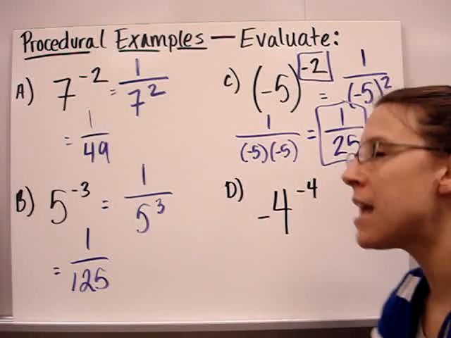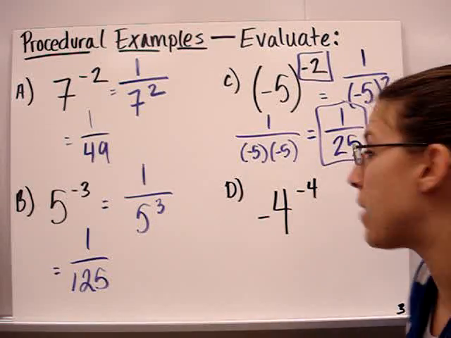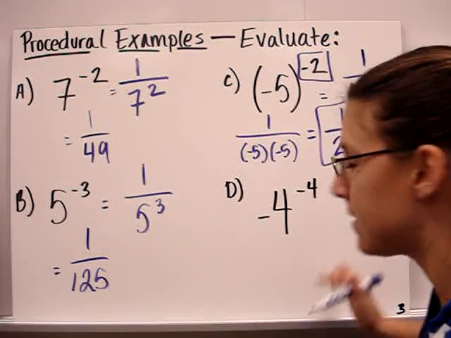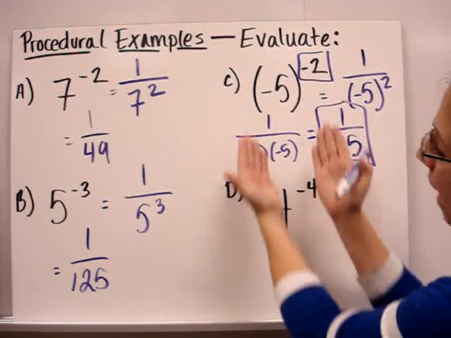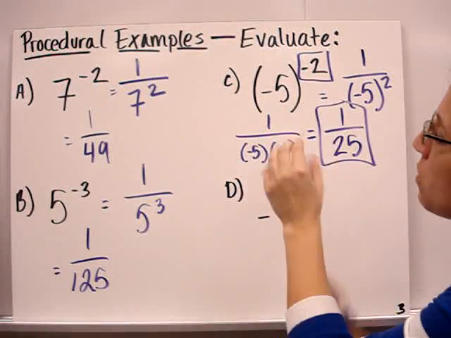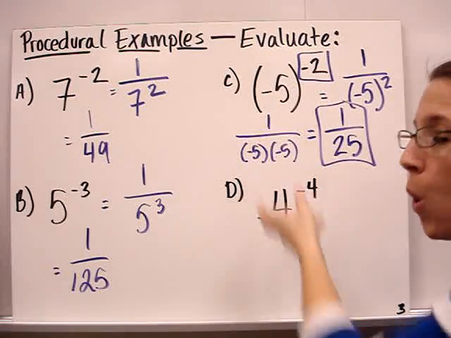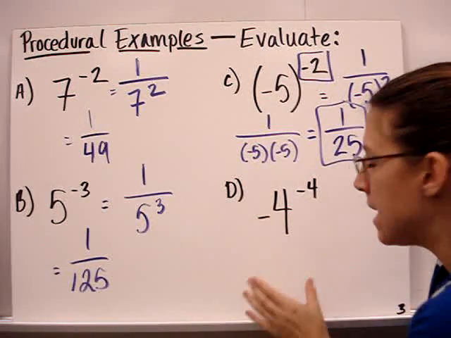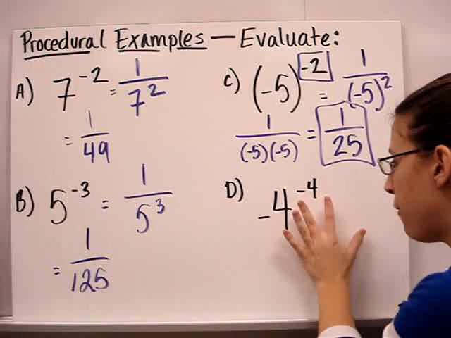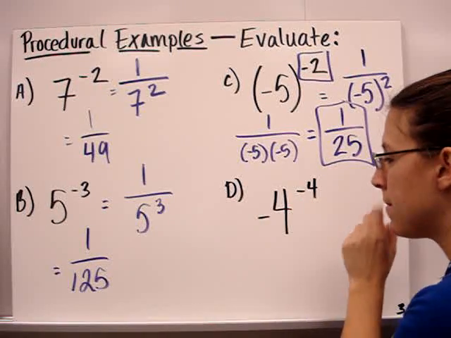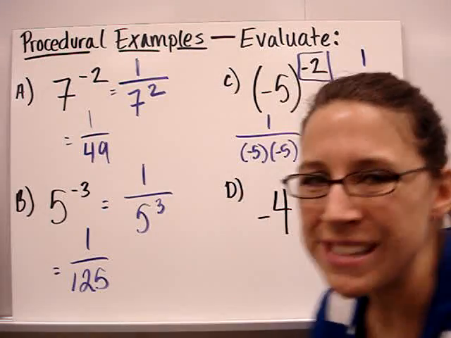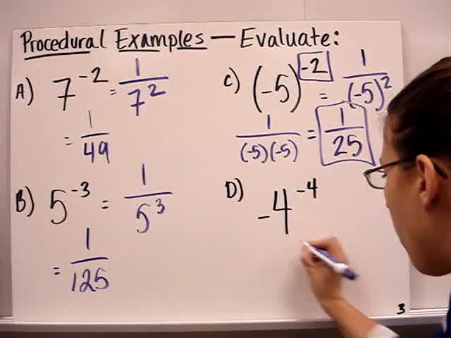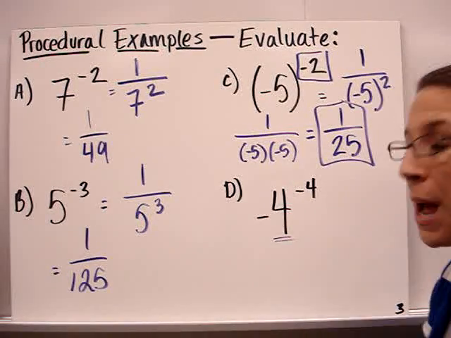Lastly, this example is about to make you crazy. I want you to notice the difference between this example and the previous example. Notice that negative 5, the whole thing, was being raised to a negative power. Here, negative 4 to the negative fourth power, the only thing being raised to the negative fourth power is the 4.